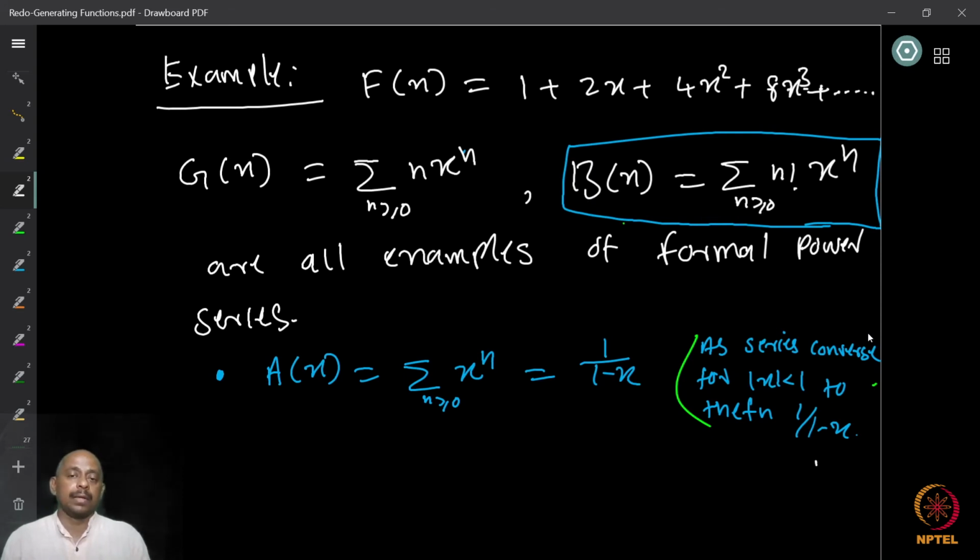So if the series converges for any interval, no matter how small, we can write it as that function. We can use this to put the entire information in the series directly into this function, and that is what we are going to use in our calculations often.